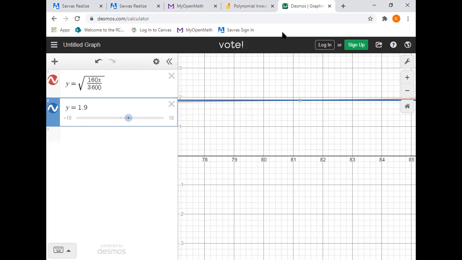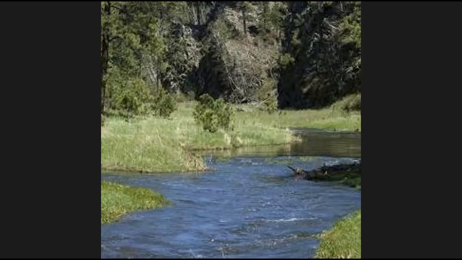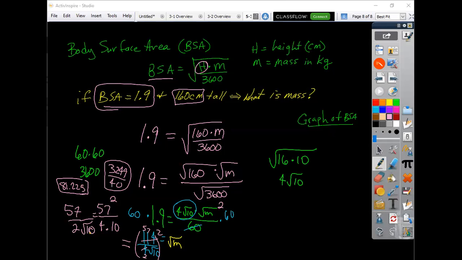All right, well, so on that one, we actually did get the correct answer. That's nice. Let's see. Yeah, 81.225, there it is. And that's the last example in that lesson, but solving equations with square roots.